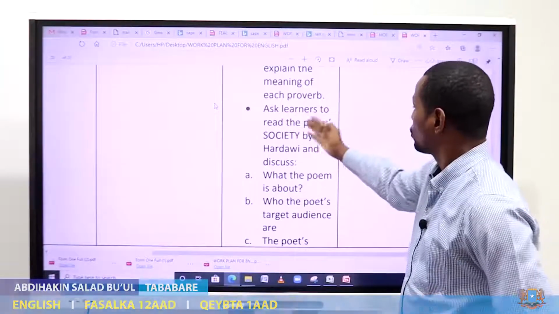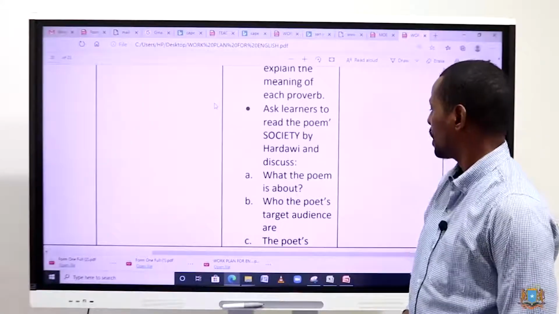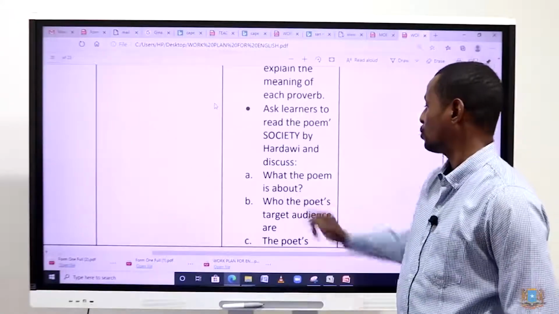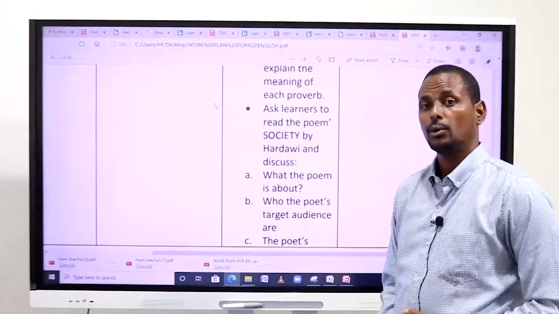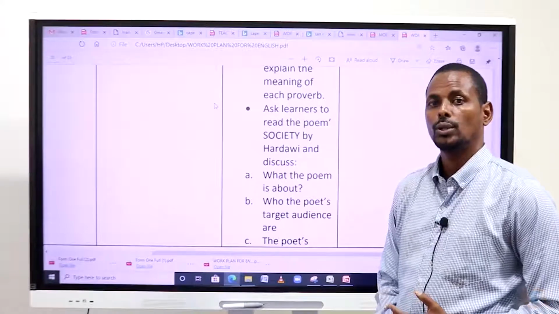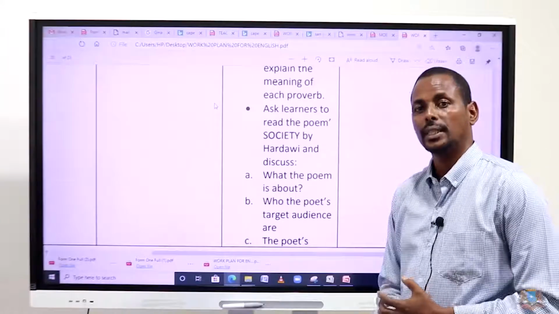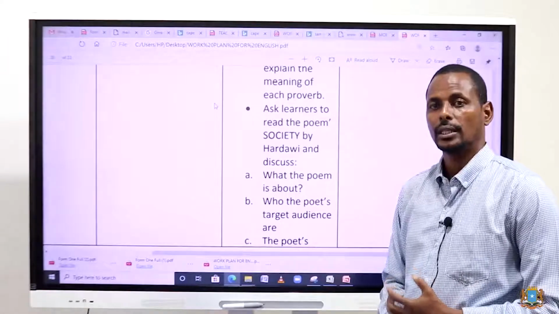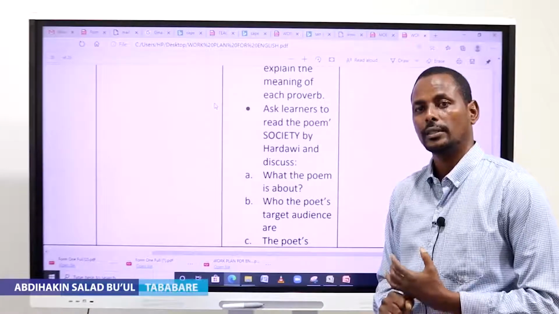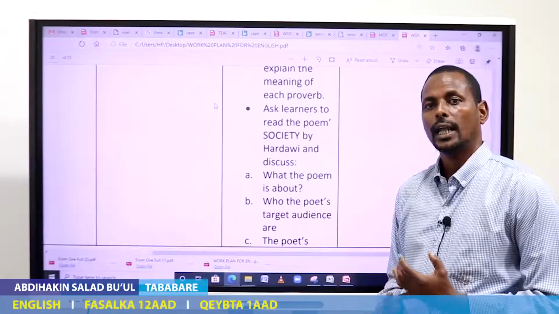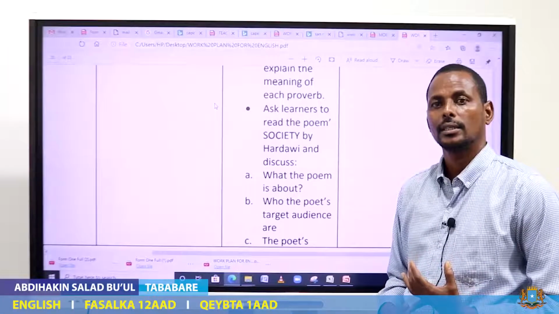Then ask the learners to read the poem Society by Hatrawi and discuss what the poem is about. Now, basically, poetic questions: when you want to analyze a poem, we analyze them in some basic ways that are simple if only you get it right. Analyze the poem in terms of setting. What is setting?